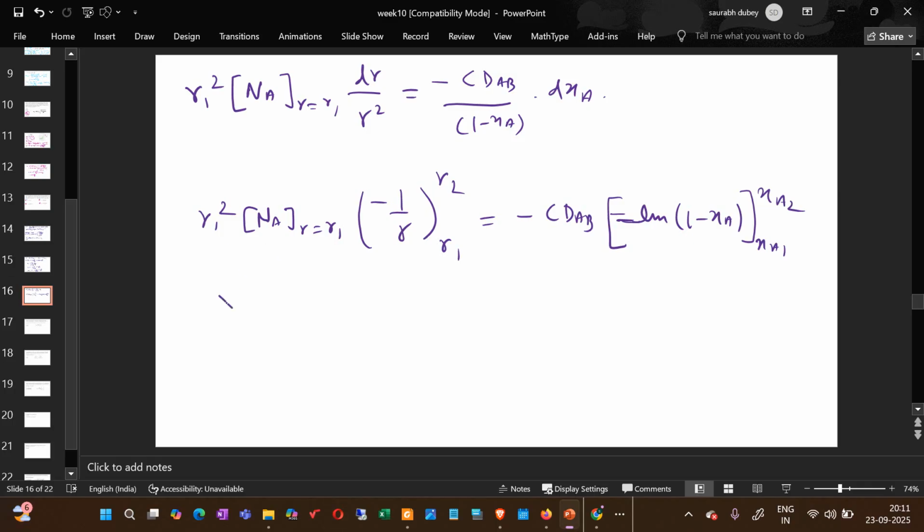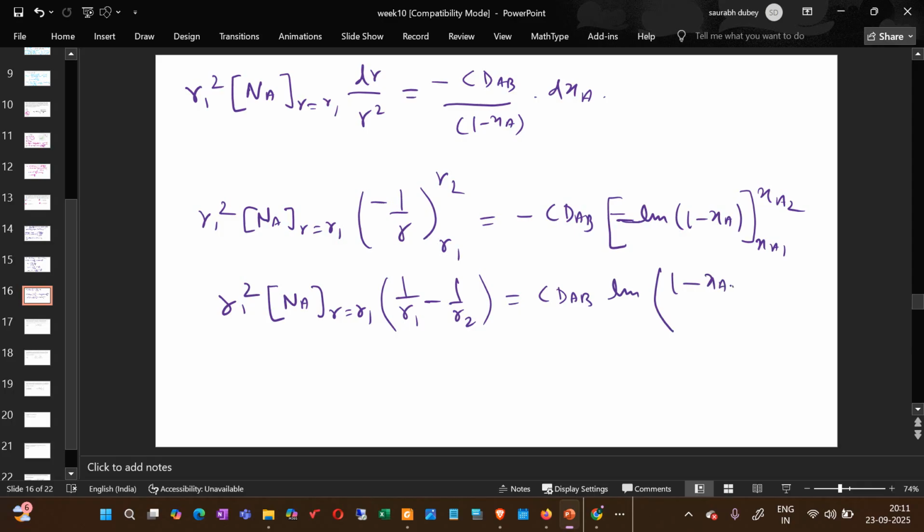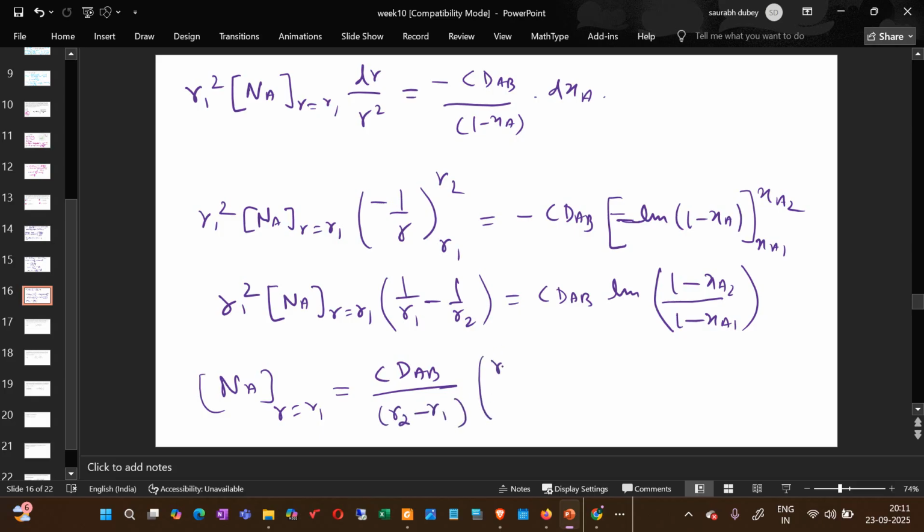Solving this, what you will get? r1 square Na at r1 times (1 by r1 minus 1 by r2) equals C DAB ln of (1 minus xa2) divided by (1 minus xa1). So Na at r equals r1 equals C DAB divided by (r2 minus r1) into r2 by r1 ln of xb2, which is 1 minus xa2, divided by xb1, which is 1 minus xa1, right?